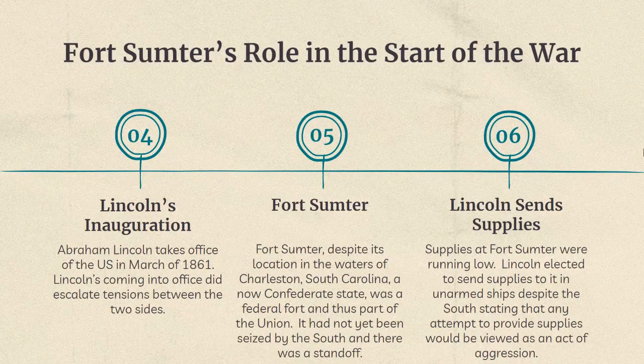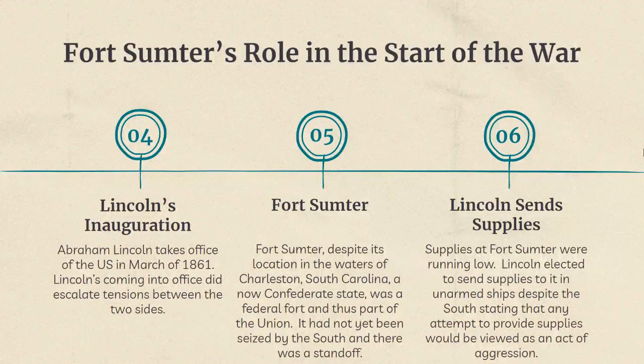South Carolina is now a Confederate state, but this is a Union fort, if you will. It's a federal fort. It stayed with the Union, but it has not been seized by the South. There were many federal forts remaining loyal to the Union that were seized or overtaken, but this one had not been seized by the Confederacy yet.